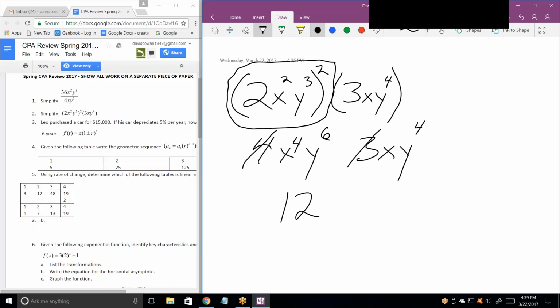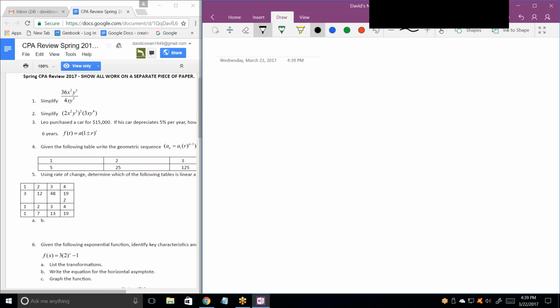What do we get? X to the power 5. And multiply the y's. Y to the 10th power. And sometimes I'll cross them out just if it's a really complicated thing, just so I don't get lost and forget to do one of the variables or something. All right, let's go on. Hold on, let me.